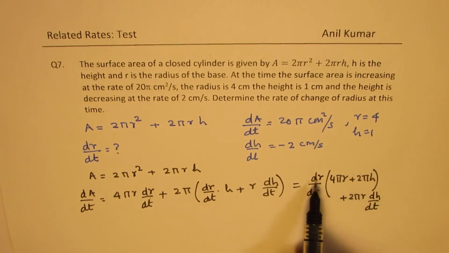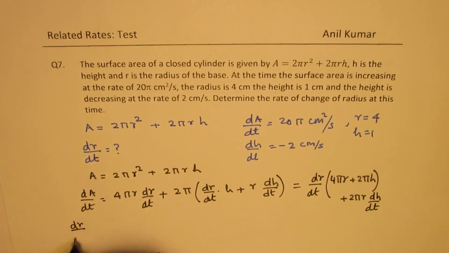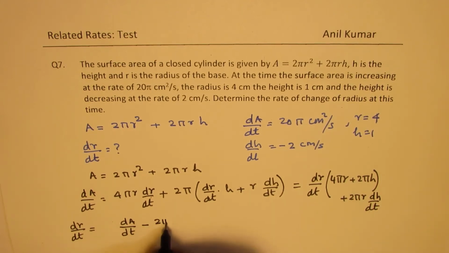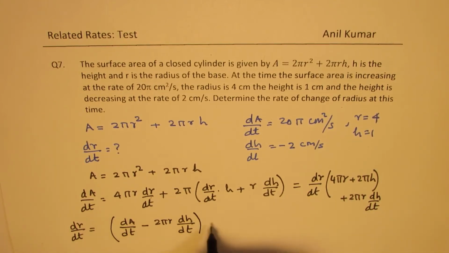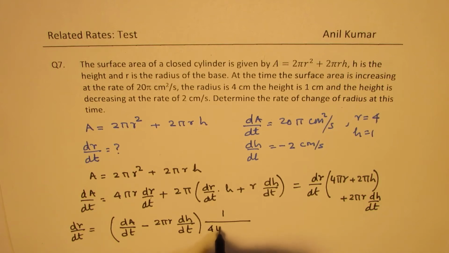So now from here we can get what dr/dt equals. So dr/dt is equal to dA/dt minus 2 pi r dh/dt, correct? And we'll divide all this by, that is multiply with 1 over, 4 pi r plus 2 pi h, correct?